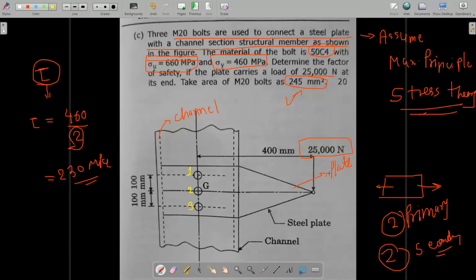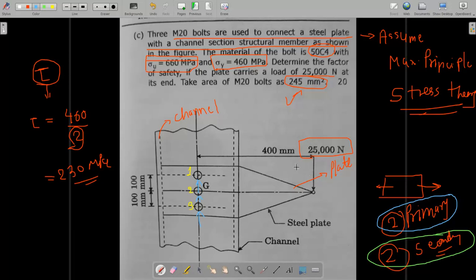Now the direction of the stresses. I will indicate the primary stresses by blue, and the secondary stresses by green. This force is acting downward, so the primary stress will act in the opposite direction of the external force, as usual.